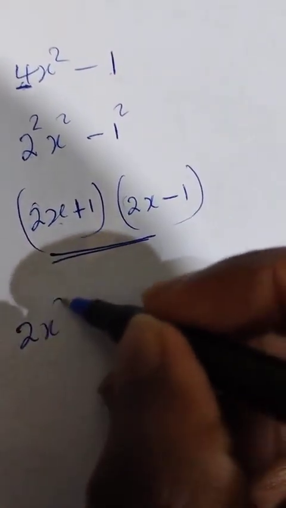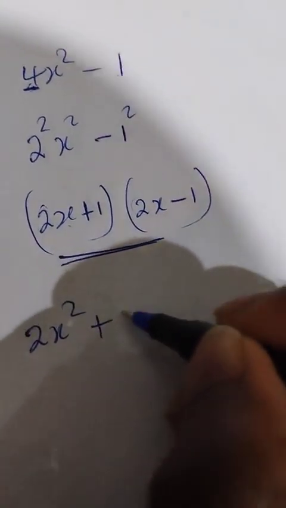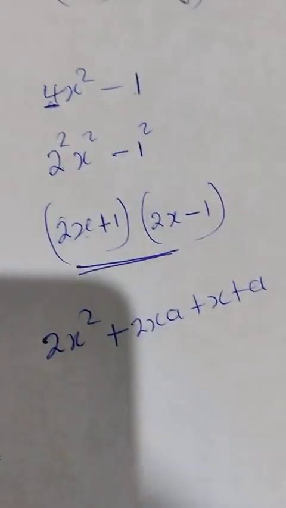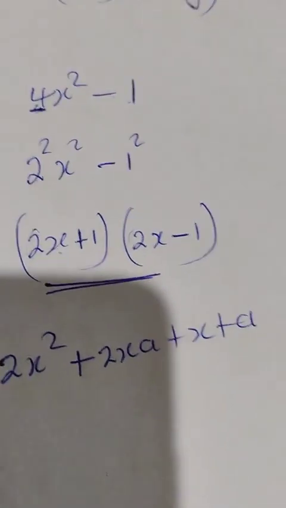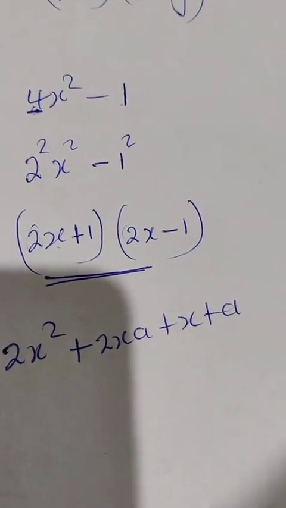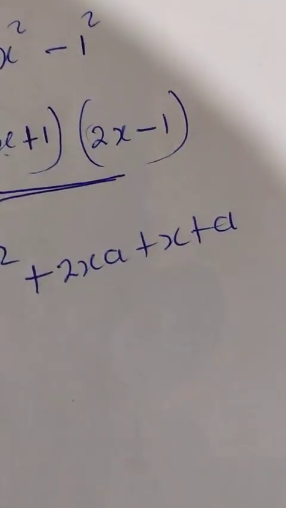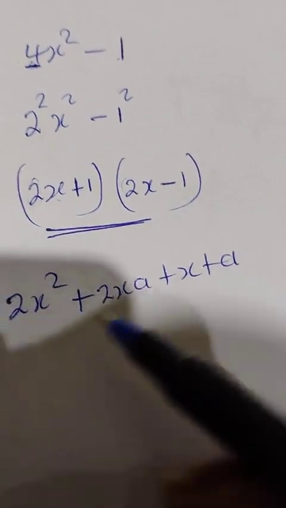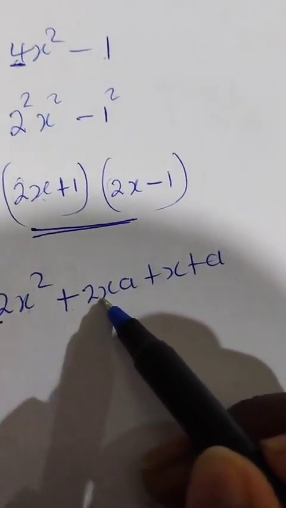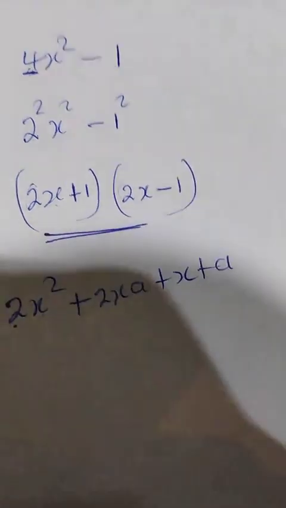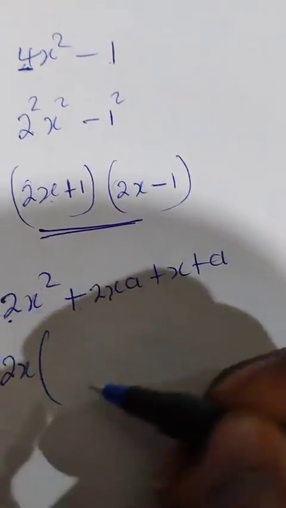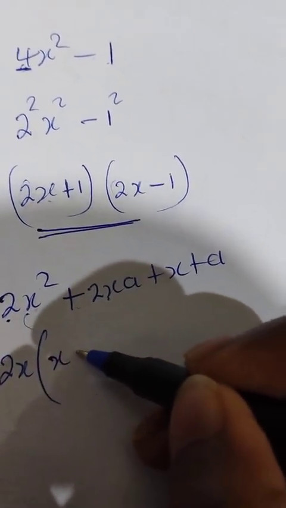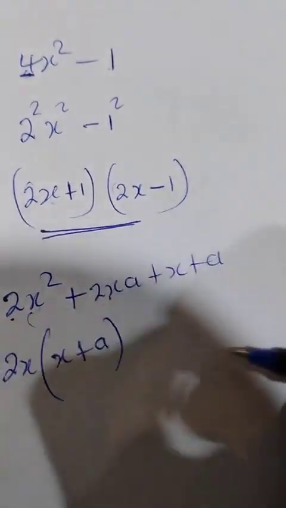Then 2x squared plus 2xa plus x plus a, right? How do we factorize this? So we factorize by grouping. So here we have 2x squared plus 2xa. What is common? 2x is common here. So we are going to get x plus a.